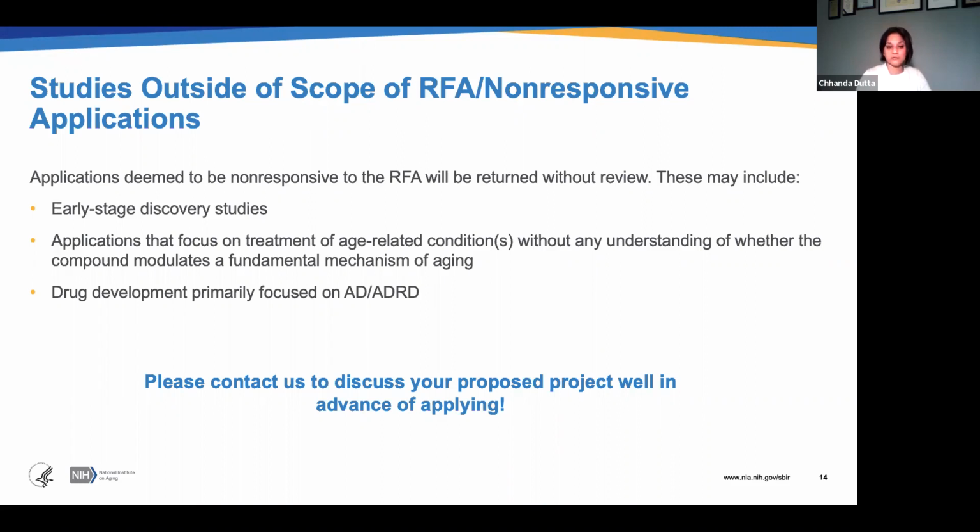It's included in the RFA to look at what FOA might be appropriate for your interests in that regard. And then finally, regardless of what your idea is, we want to hear from you. Please contact us in advance of your submitting your application, because we want to make sure that you're responsive to the RFA, and if not, we can certainly be helpful in guiding you to other NIA FOAs that might be more appropriate for your proposed project.